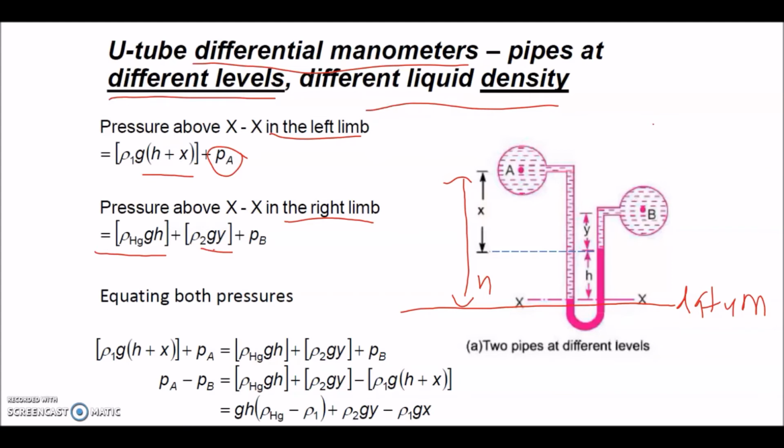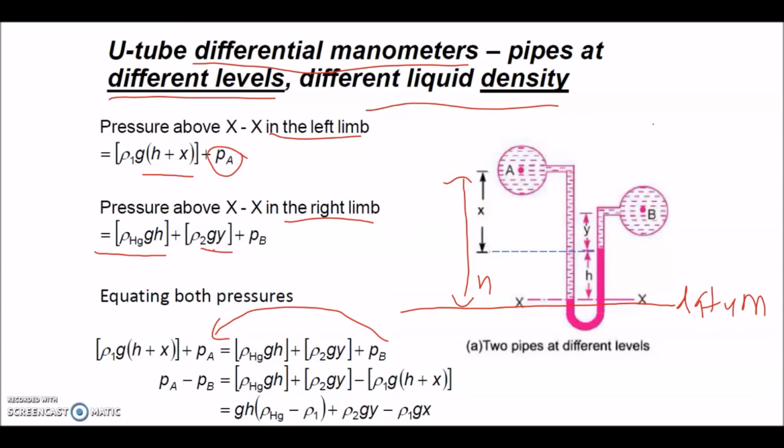Then we equate the pressures of the right limb and left limb. We bring PB to the left side, so PA minus PB. That's why we call it a differential manometer.